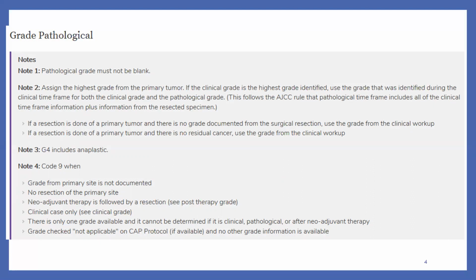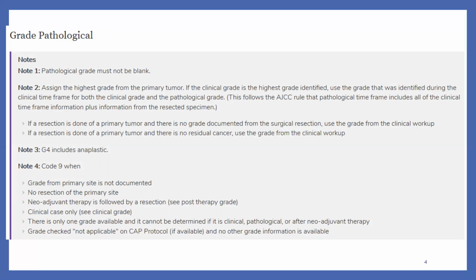If a resection is done of a primary tumor and there's no grade documented in the surgical resection, use the grade from the clinical workup in the grade path field. If a resection is done of the primary tumor and there's no residual cancer, use the grade from the clinical workup in the grade path field.